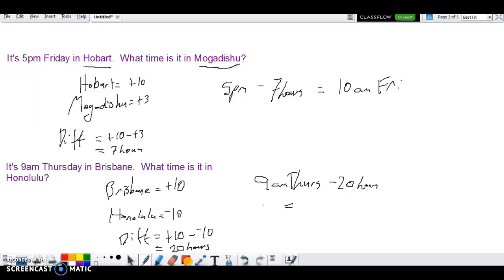Well, 12 will take us to midday, so 11 will take us to 1 o'clock p.m. But because we went back in time, so we went back past midnight, it's no longer Thursday. It's still Wednesday in Honolulu. Okay, that's it.